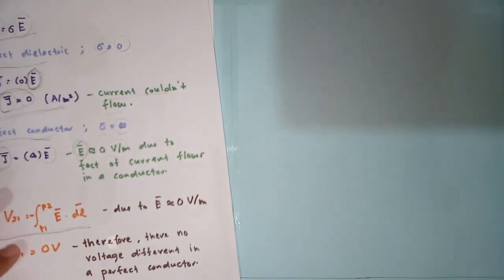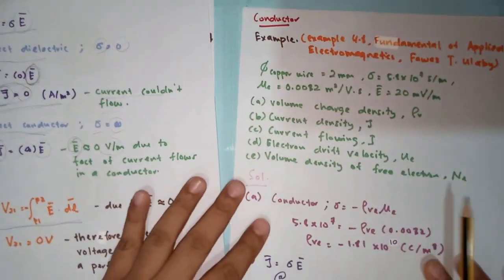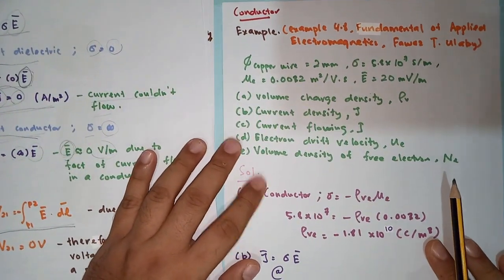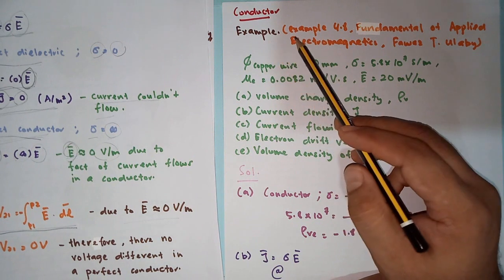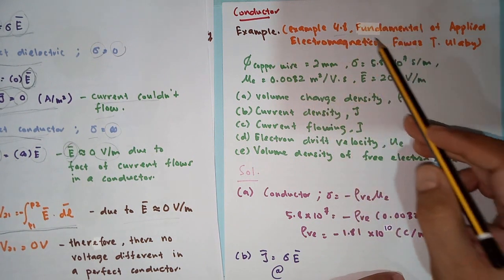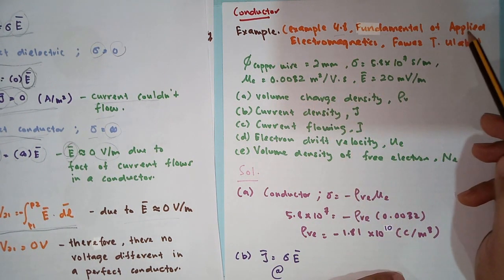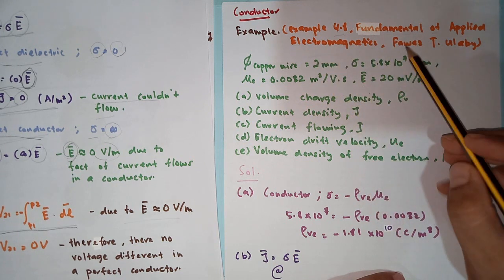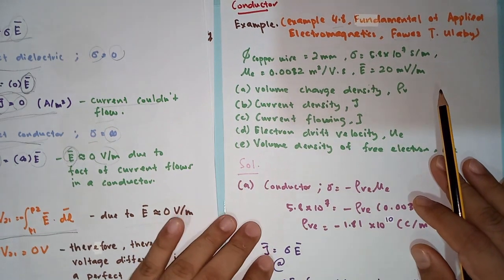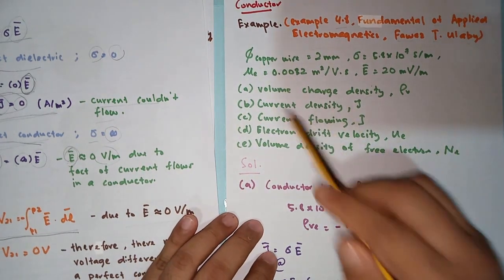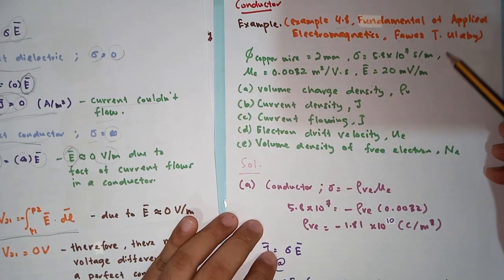In order to understand that theory, let's see one example. This time, I will use example 4.8 in the book Fundamentals of Applied Electromagnetics, written by Fawwaz T. Ulaby. In that example, they give us certain parameters.